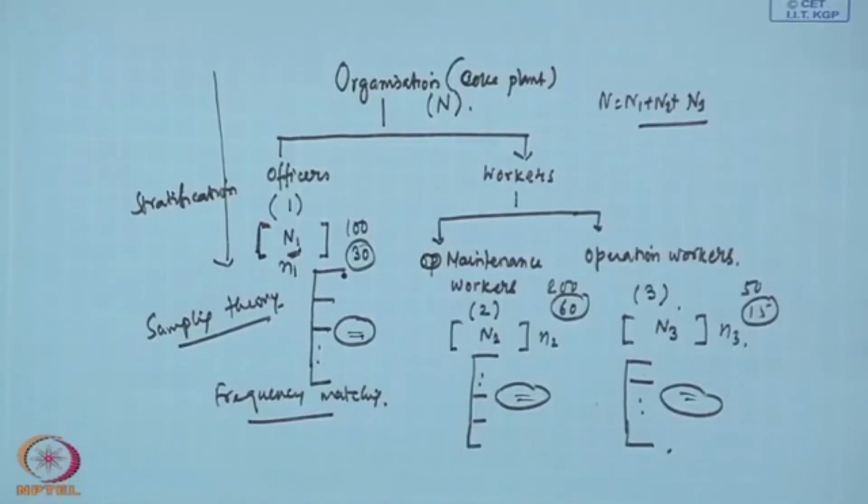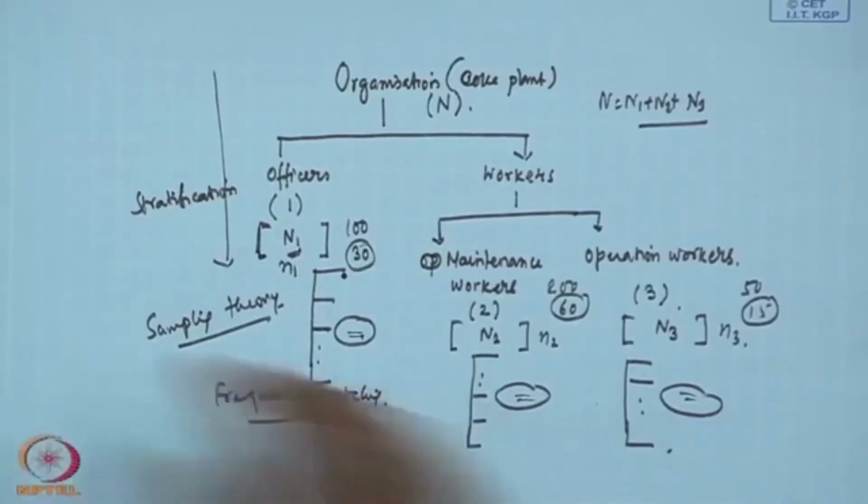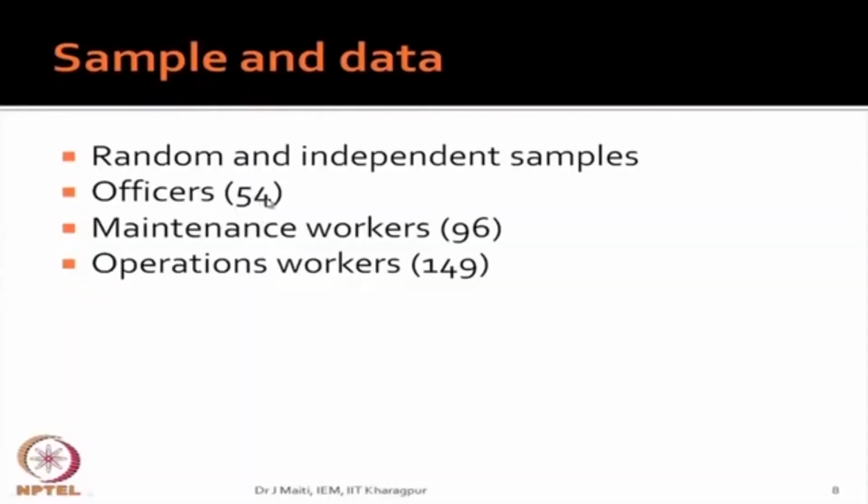Okay. So, doing such calculations we found that in officers we require 54, maintenance workers 96 and operations workers 146, because the number of operations workers is more than maintenance workers, and officers are much fewer.